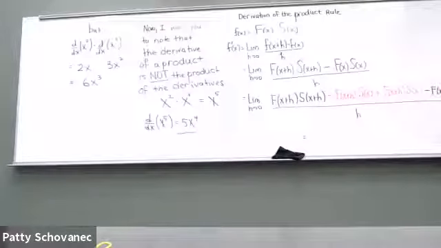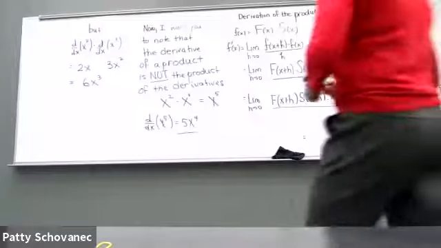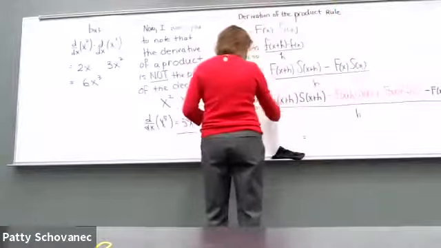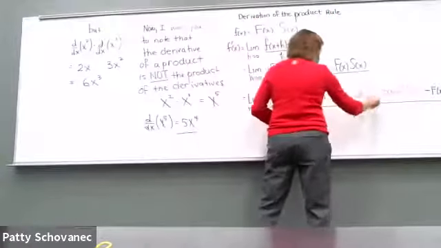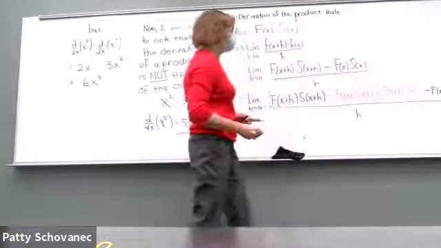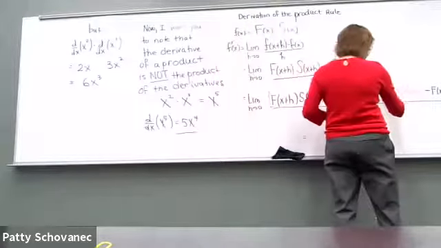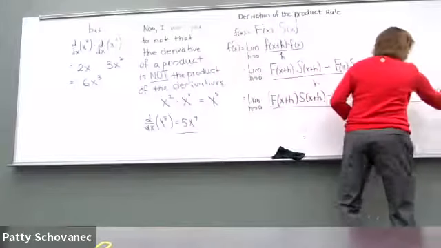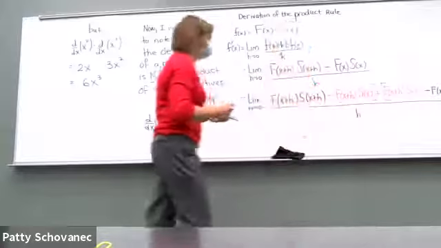I added f of x plus h times s of x, and right in front of it, I took it out. And I did that so that I can group terms together. If I group these two terms together, I have a common factor of f of x plus h. If I group these two terms together, I have a common factor of s of x.